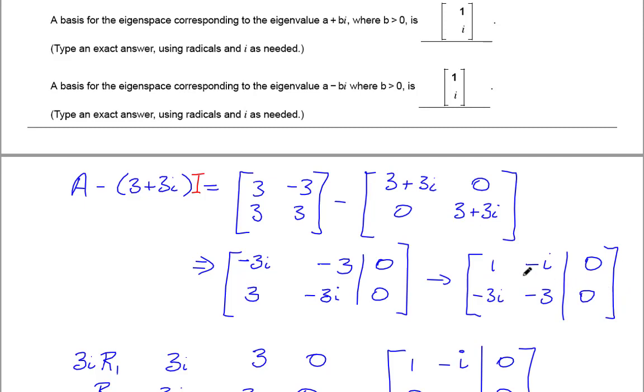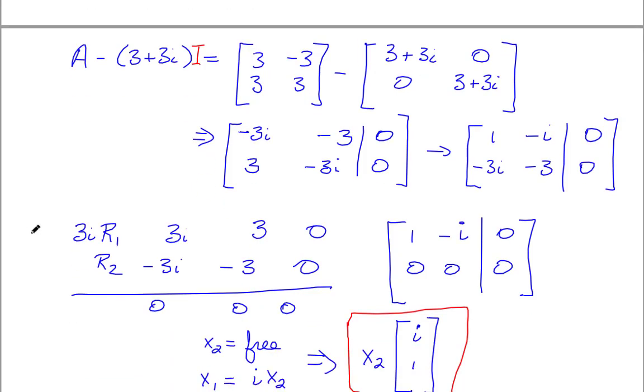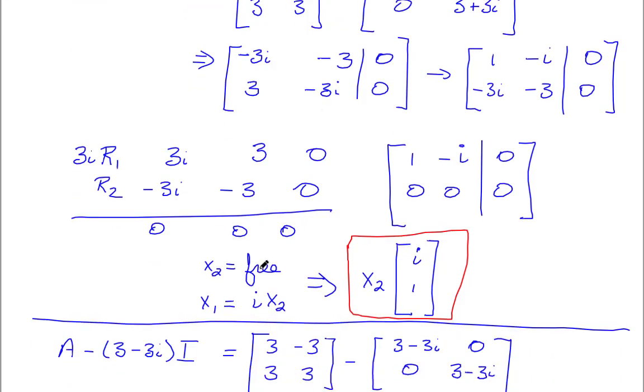If I multiply this row by 3i and then add, these will cancel. A 3i times a minus i is a minus 3i squared, which is a positive 3. Those add up and we get 0. And so that tells me x2 is free. x1 is i times x2. So here is my basis vector for 3 plus 3i.